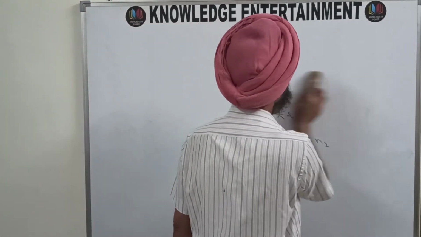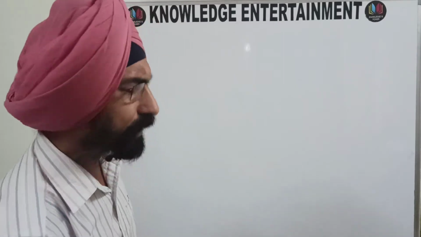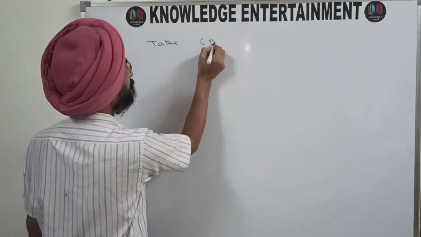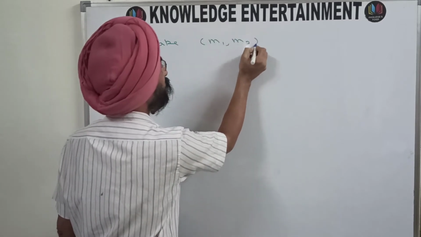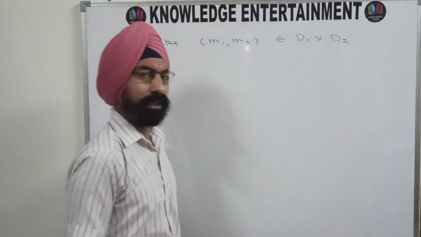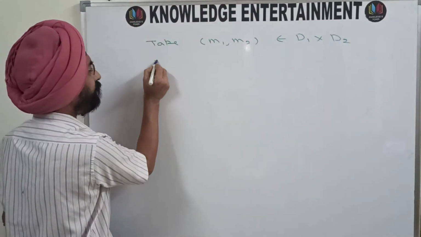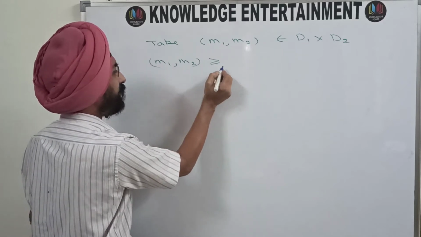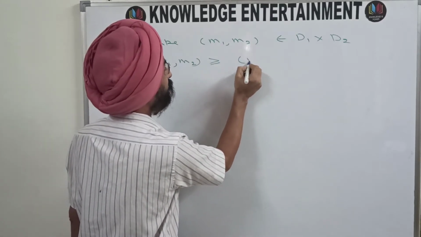First of all, take any arbitrary element (M1, M2) belonging to D1 cross D2, and we want (M1, M2) is greater than or equal to (M1, M2).